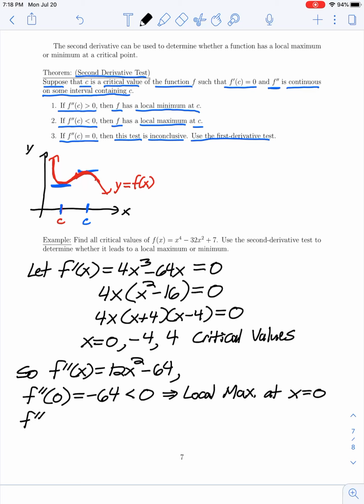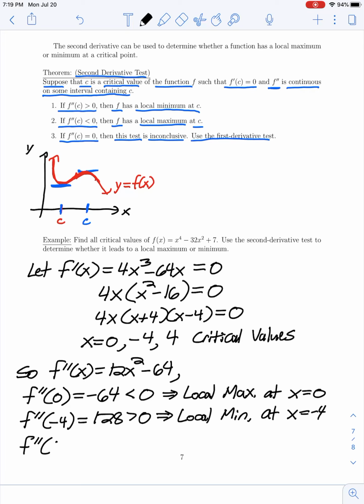So let's look at our next critical value. If we take a look at f double prime of negative 4, we get a value of 128, which is of course positive. So our graph is concave upward at that critical value, which implies that we have a local minimum at x equals negative 4.